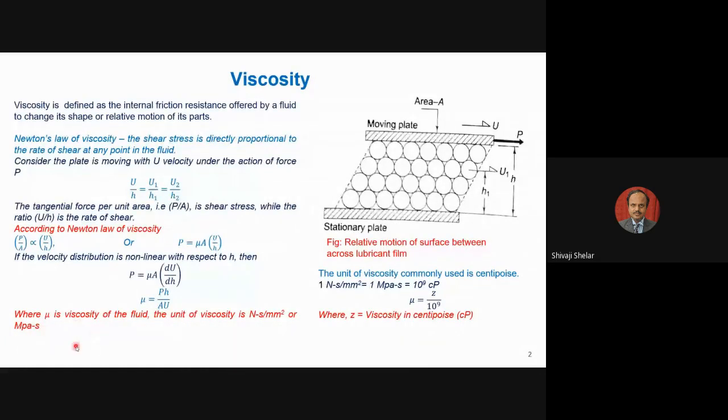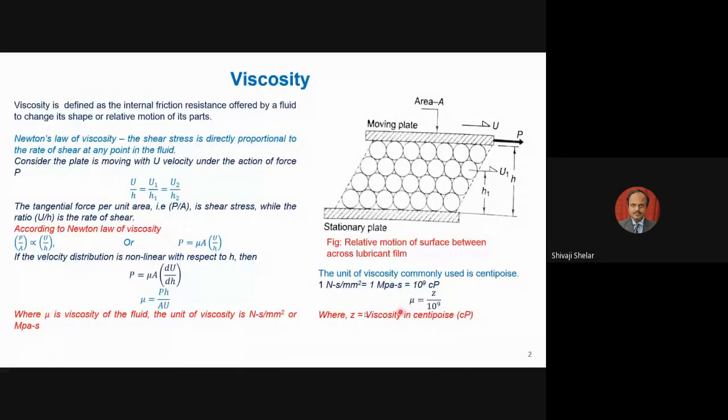Now many times this unit is very large, so we cannot use this unit for measurement. So what is done? The commonly used viscosity unit is centipoise. So 1 Newton second per millimeter square is the SI unit. That is equal to 1 megapascal second, and that is equal to the commonly used centipoise unit, that is Cp. So 1 megapascal second or 1 Newton second per millimeter square is equal to 10 raised to 9 centipoise. Okay.